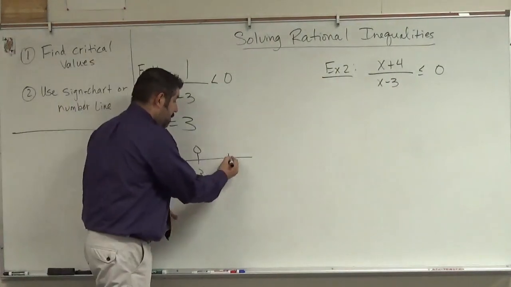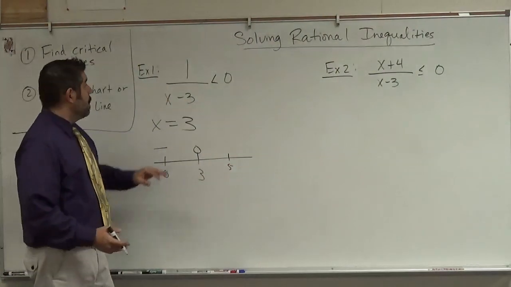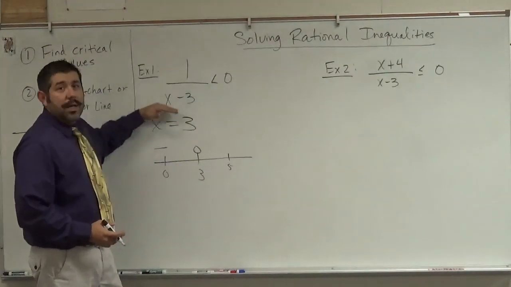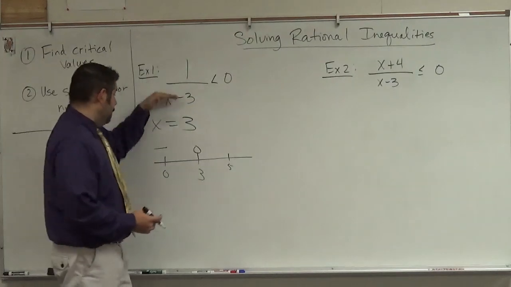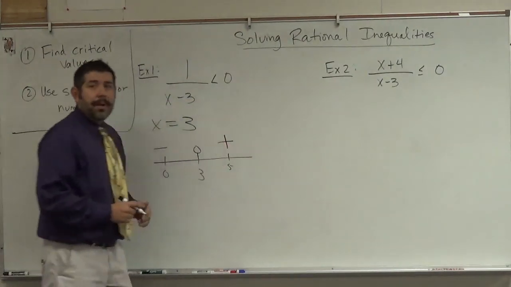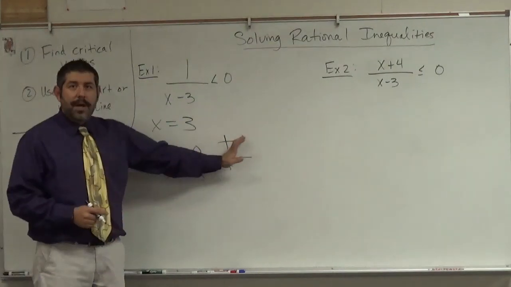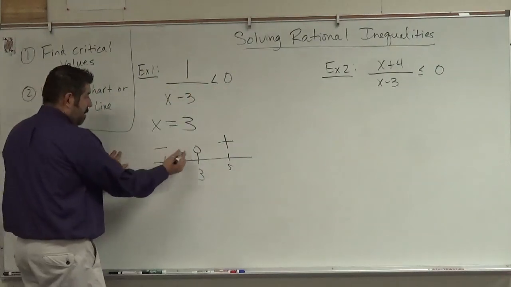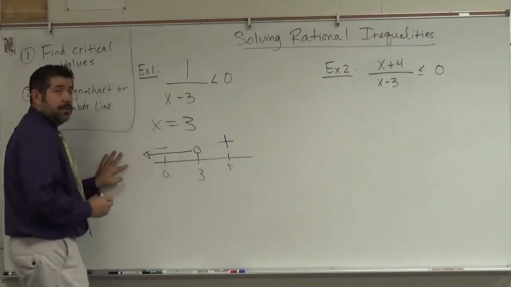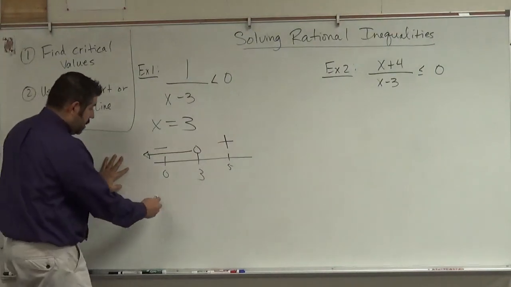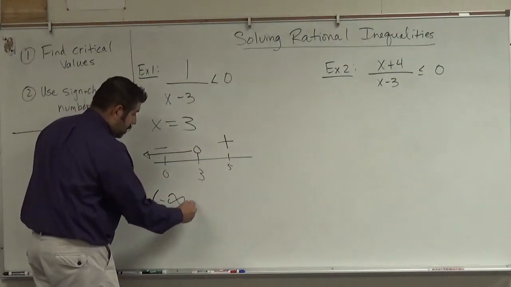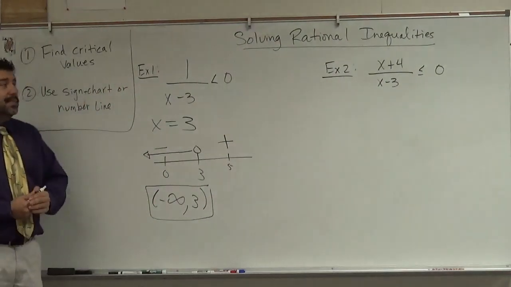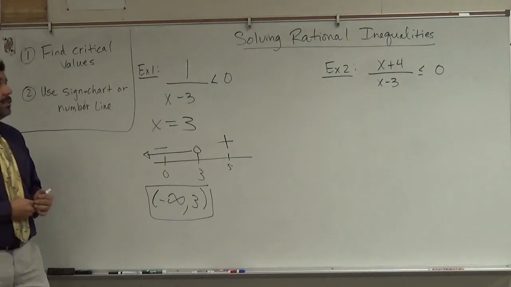Let's try 5. 1 over 5 minus 3 is going to be 1/2, a positive number, so there's my positive. I have a negative and a positive. I want values that are less than 0. That's my negative value, so that's all these values here. In interval notation, negative infinity to 3. That's how we solve this rational inequality.